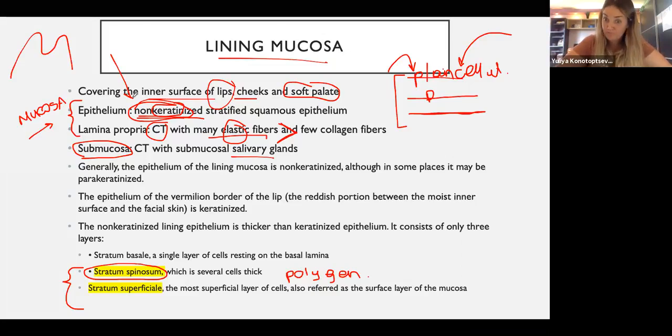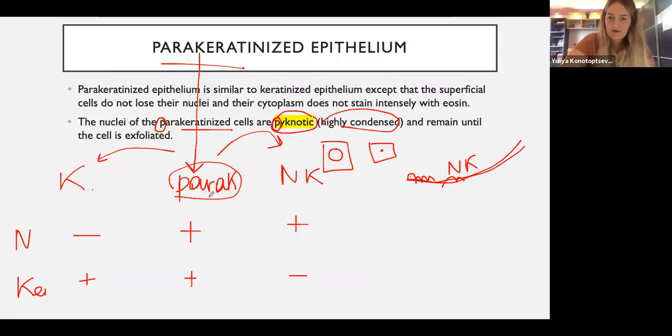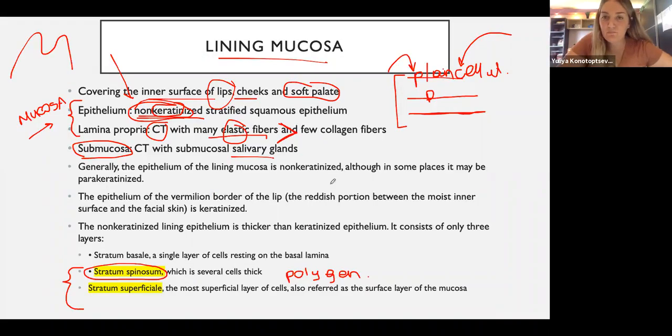No, because it doesn't have only non-keratinized one. It also, in some places, has para-keratinized. In which places? In the places which experience the most pressure, the most trauma, the most damage. So I repeat, lining mucosa does not possess non-keratinized epithelium everywhere. In some places, you will see para-keratinized.